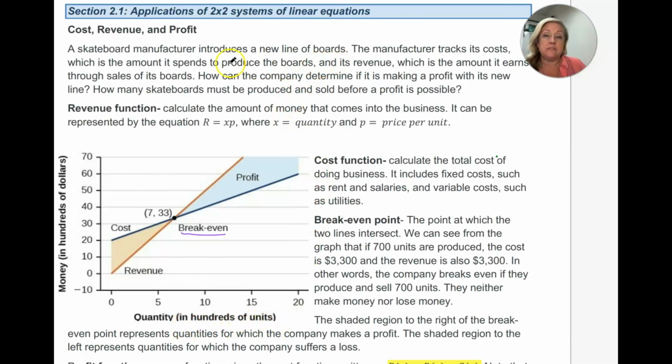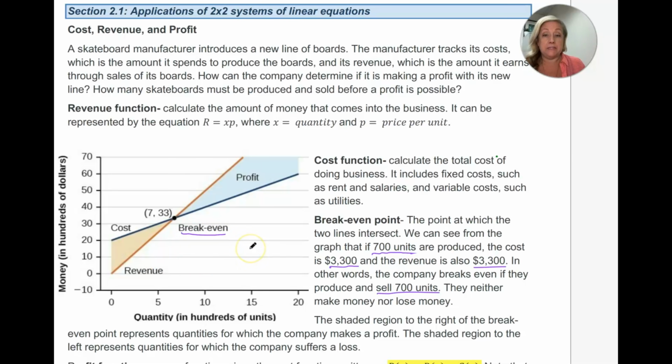So we're talking about a skateboard manufacturer here, and we find that if 700 units are produced, they cost $3,300, right? But the revenue is also $3,300 when they sell 700 units. Right? So that's what we're talking about with this break-even point.